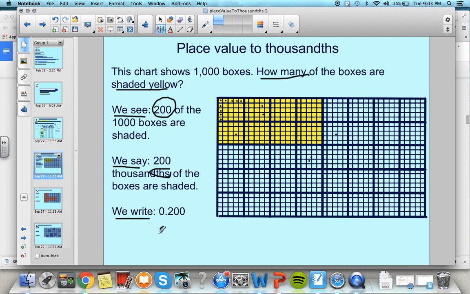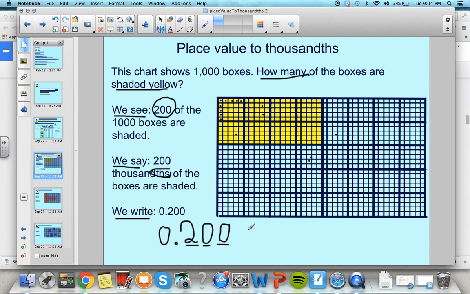0.200. I can't just say 0.2 because that place value spot ends in the tenths place. I can't say 0.20 because that place value spot ends in the hundredths place. Oh, but what happens when I add one more spot?